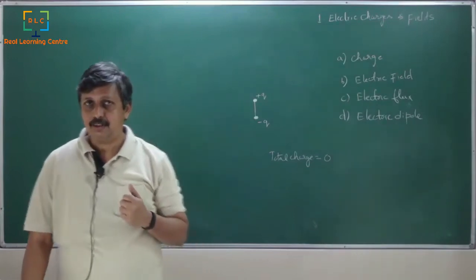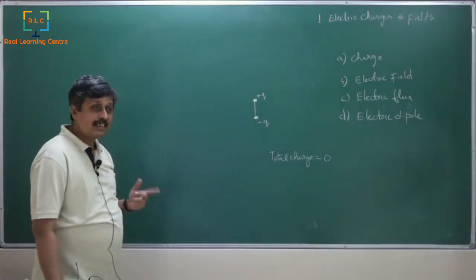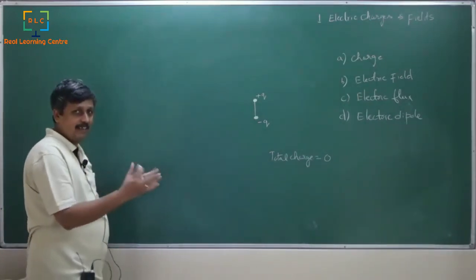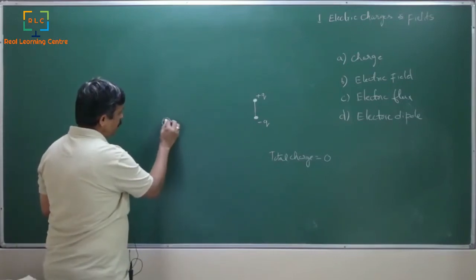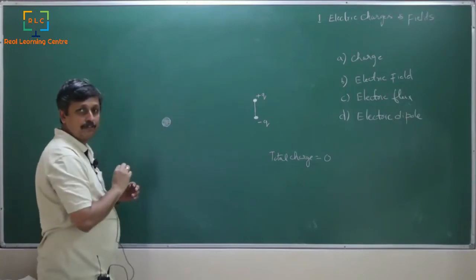Think about it. So what we have to understand here is, suppose we had one small charge, I am just writing a point charge in a big way. So this is one charge plus q.